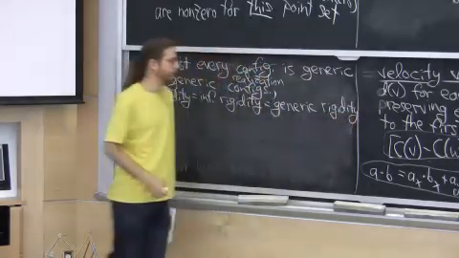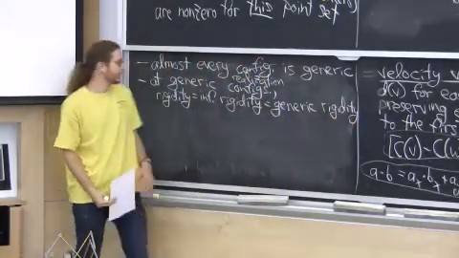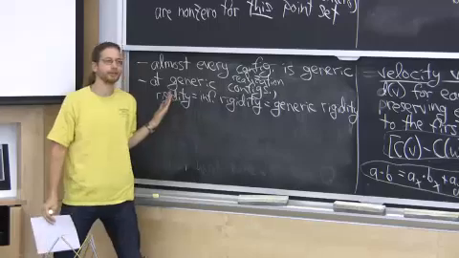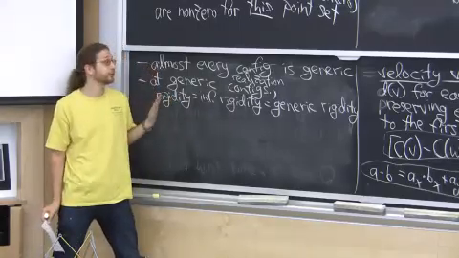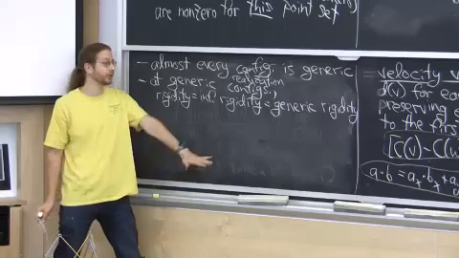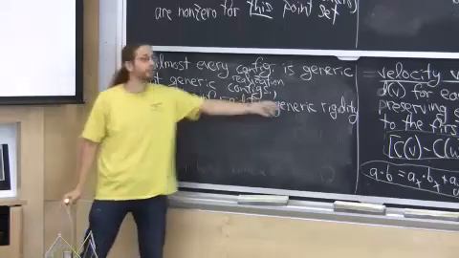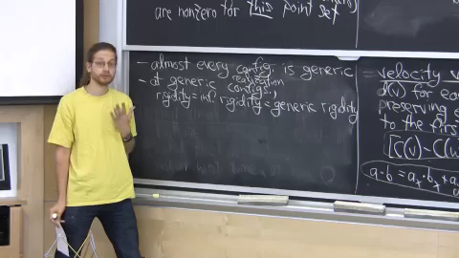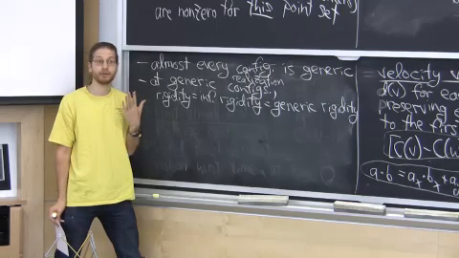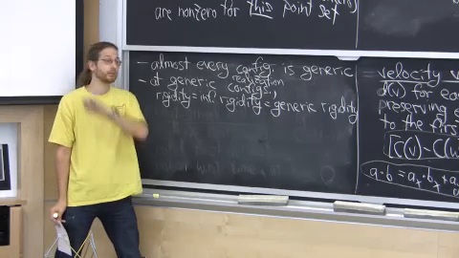Wow, this is cool because if I care about any one of these three things, I just have to pick my favorite generic point, which I can do randomly. I just take a random point, and if I can evaluate any one of these three things, I learn about all the others.